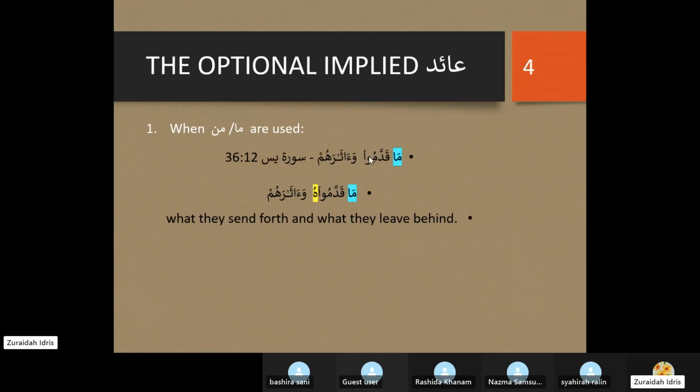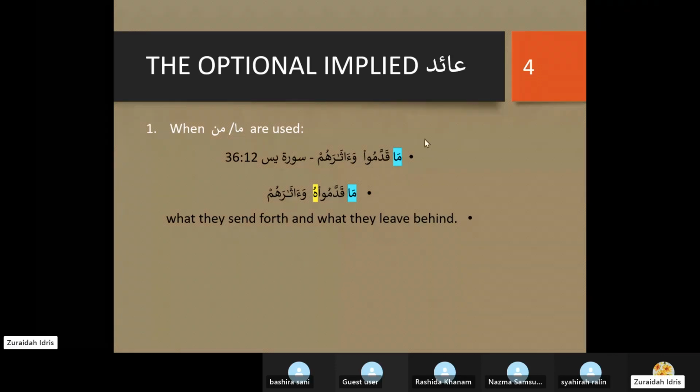Some people think that this is what we call the inside doer. They think this is your inside a'id, remember, the pronoun that's inside. But this inside pronoun is not the a'id we're talking about. This is just the pronoun of qaddamu, sending forward.